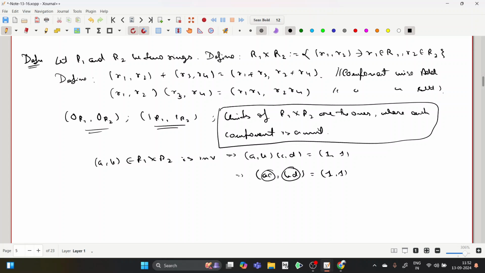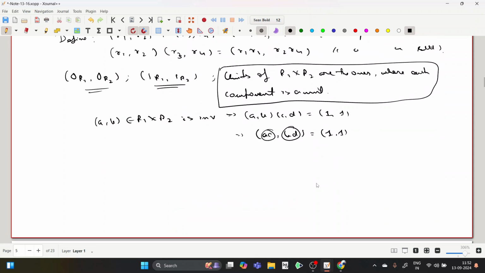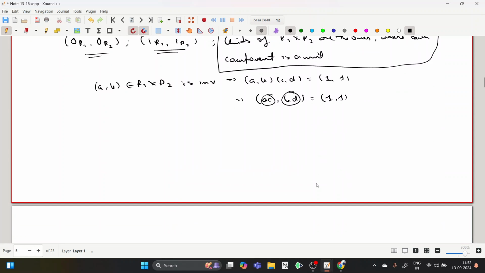Now, as I say in every lecture, most of the notions which come in the concepts of rings are first thought of in the ring of integers, and then we try to generalize that.